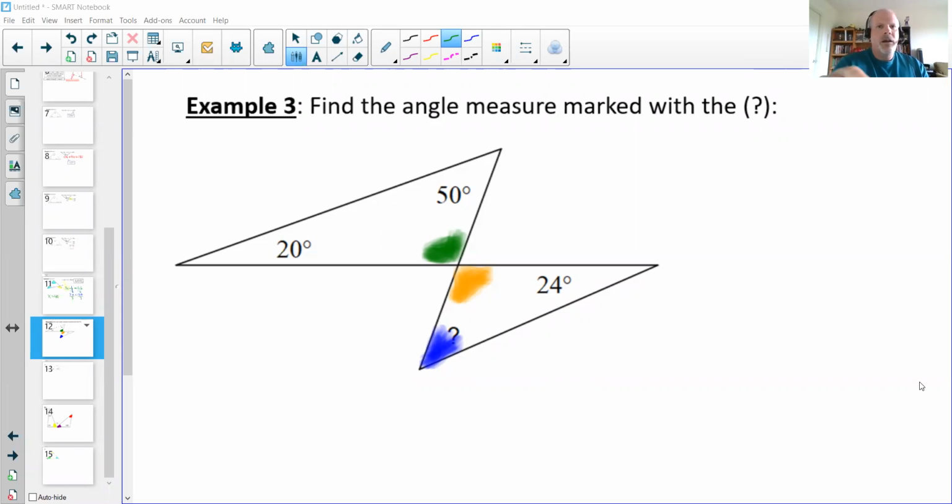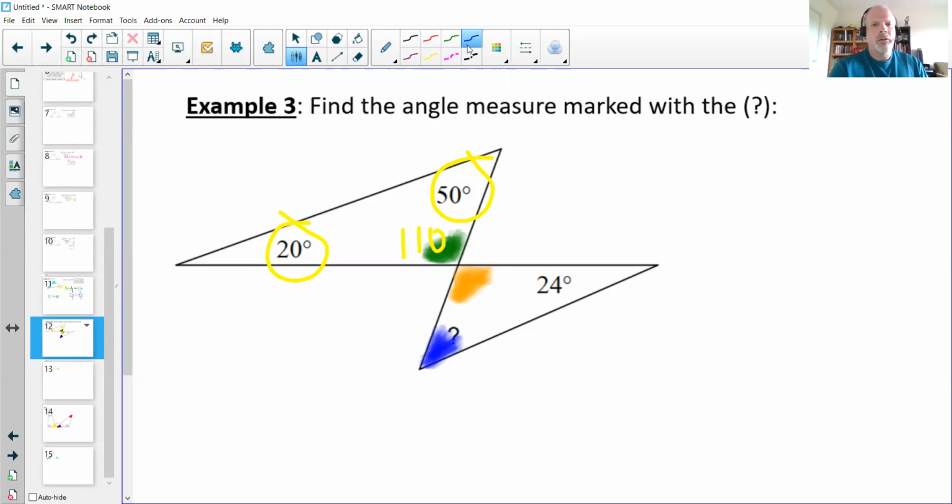I notice that I have a 50-degree angle and a 20-degree angle, which means I can find the green angle by taking 50 plus 20, which equals 70, and then I do 180 minus 70 to find the green angle. Well, 180 minus 70 is 110. So I know this angle is 110 degrees.